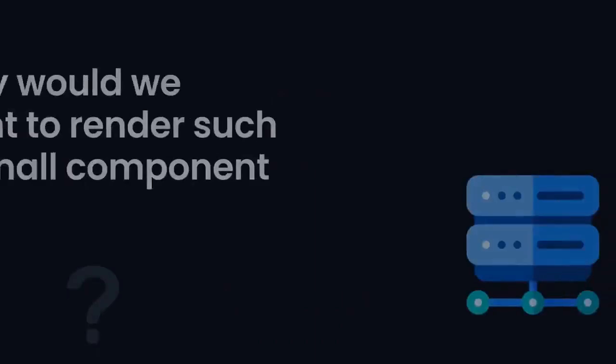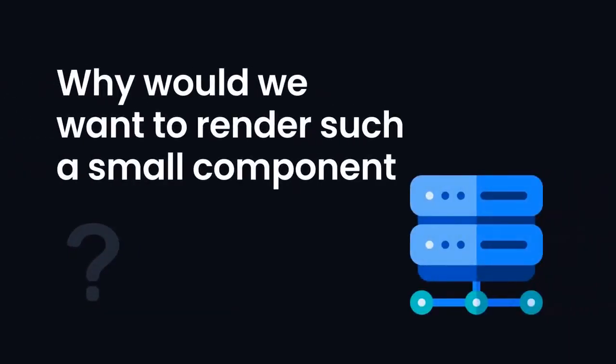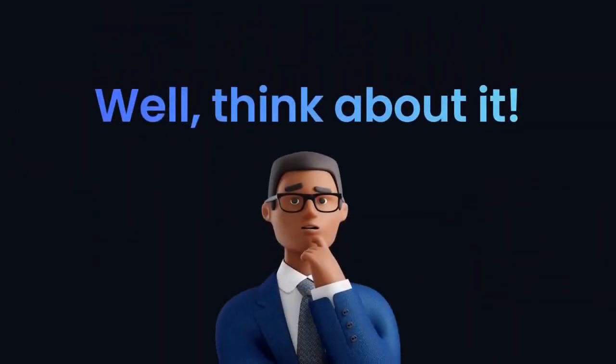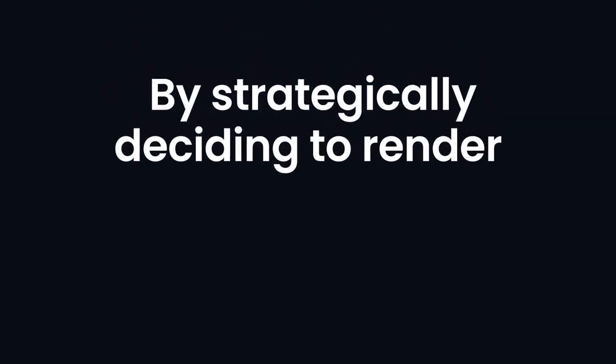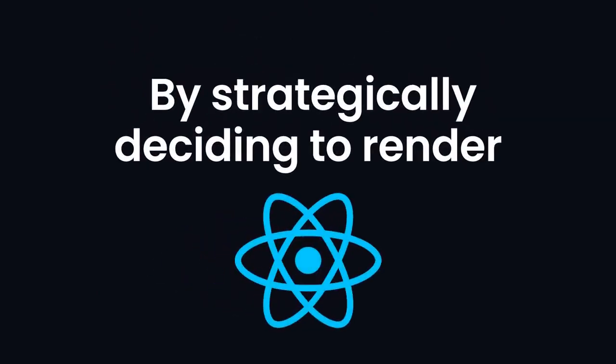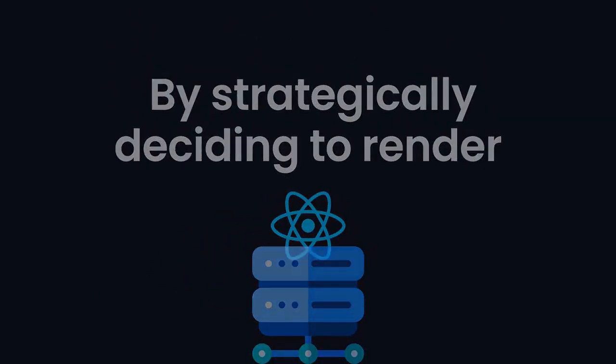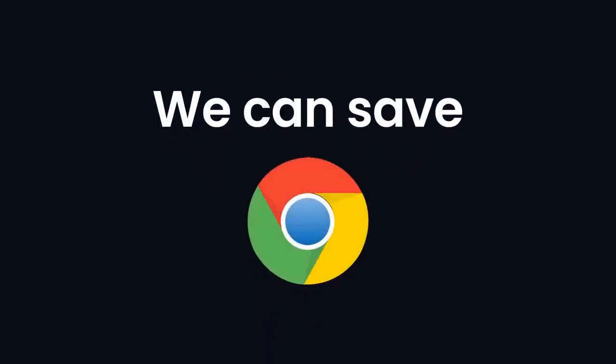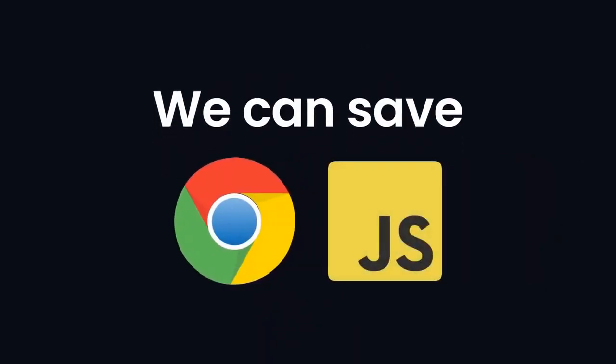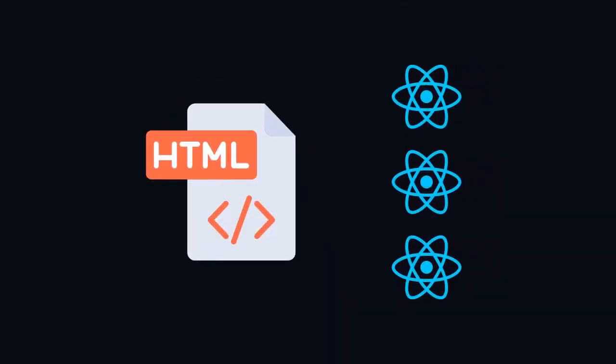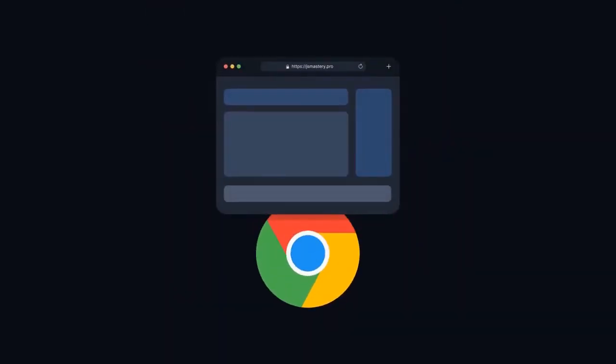But you might be wondering, why would you want to render such a small component on the server side? Well, think about it. By strategically deciding to render certain components on the server side, we can save users' browsers from doing extra work with JavaScript to show these components. Instead, we get the initial HTML code for these components, which the browser can display immediately.